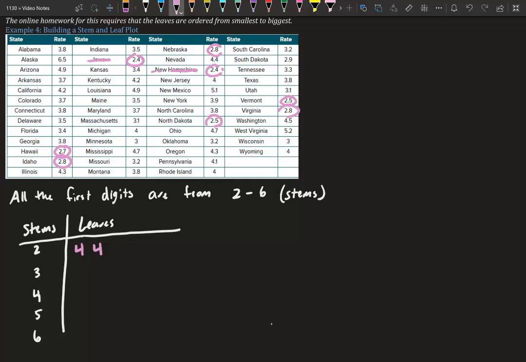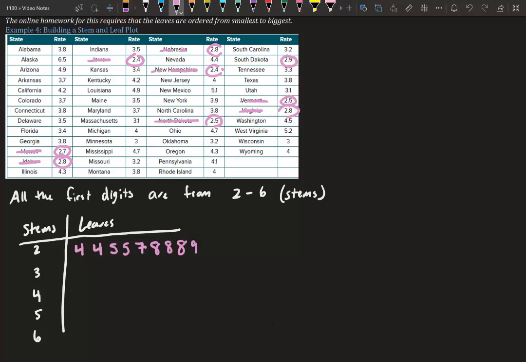We have 2.5, North Dakota, and another 2.5 of Vermont. And then we have a 2.7 for Hawaii. We have three 2.8s. So 1, 2, 3. So we're going to write 3 8s. And then we have a 9.